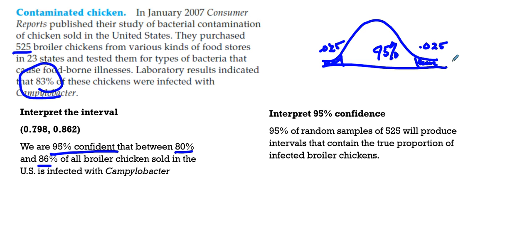So if you're being asked to interpret the interval, always interpret the interval. But you might be asked what 95% confident means. We're saying 95% of the samples of 525 will actually contain the true population proportion. And that's the difference. Okay?